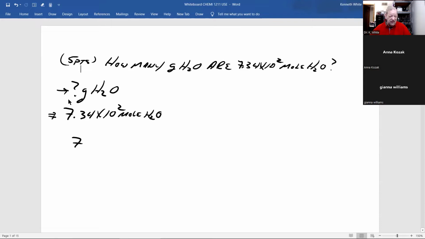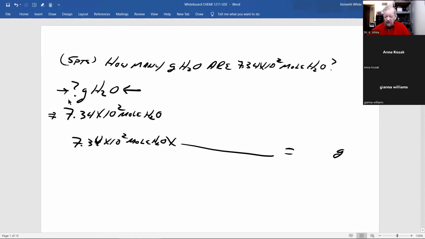So I'm going to start with that. Now, if there were a ratio, I could convert it to my answer. My answer units would be, as we figured out right here, grams of water.